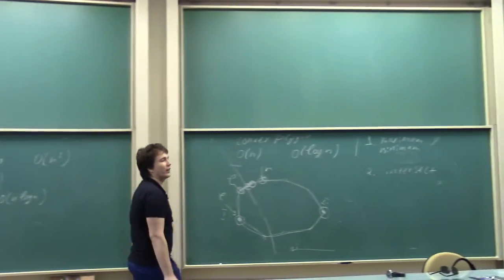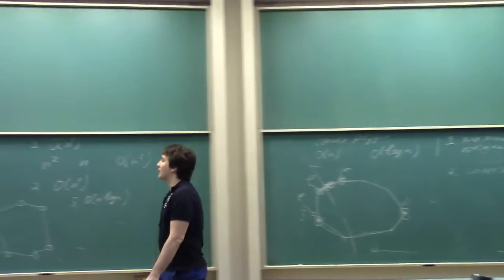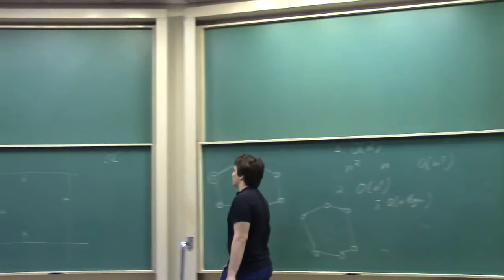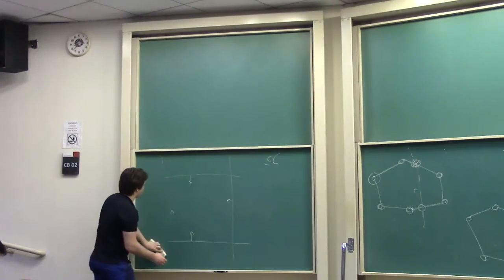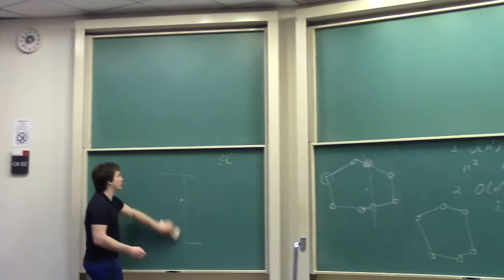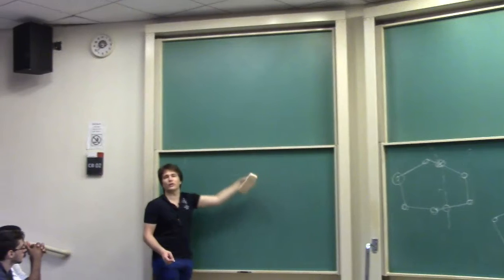Also, there is an offline algorithm for finding the intersection. And it even sounds easy, but it's actually not. The idea is to behave in the same way we do in the Graham algorithm when we build a convex hull.